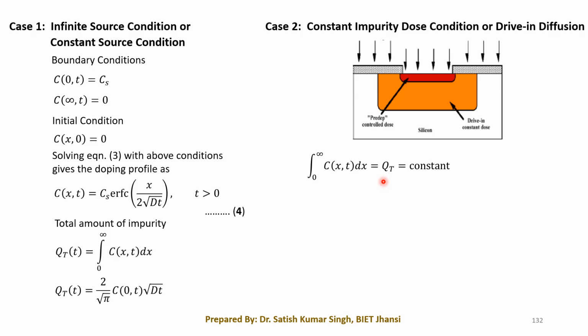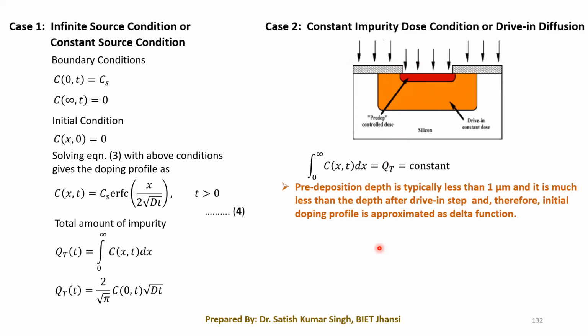The total dose is not going to change. That is what we mean by the constant impurity dose condition: we are not giving any further supply of the impurity. That supply is now shut off, so only this amount of impurity is going to diffuse further.